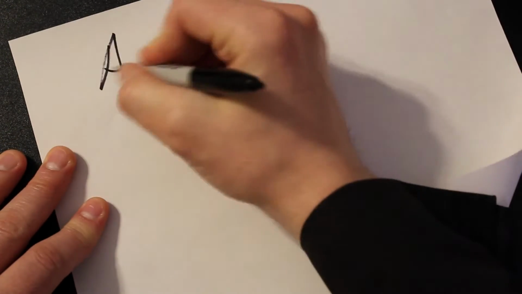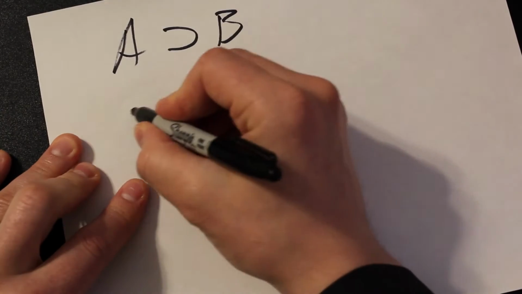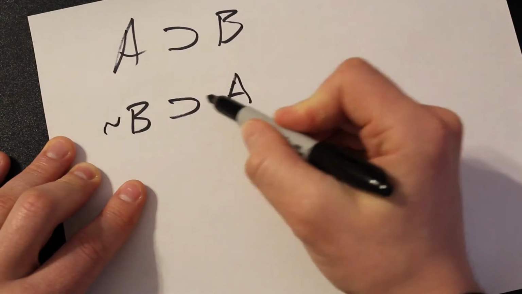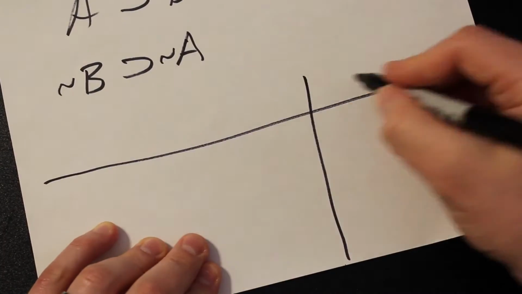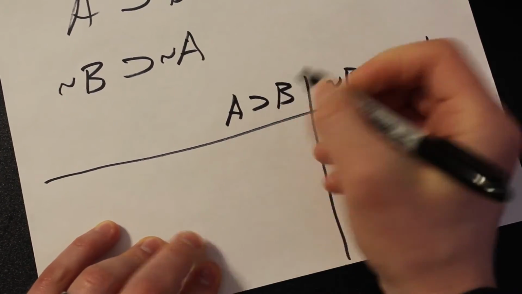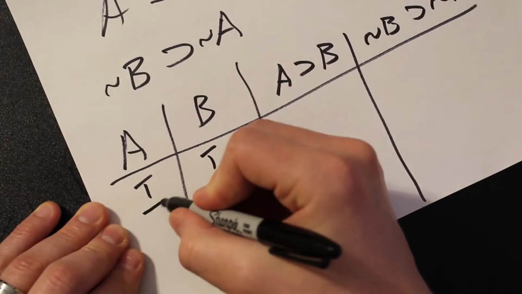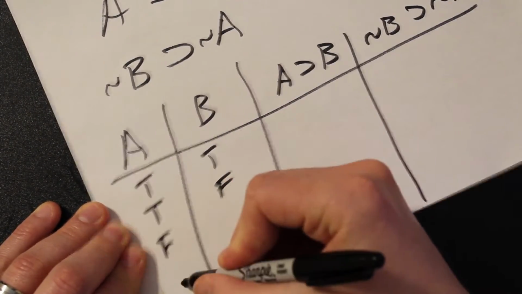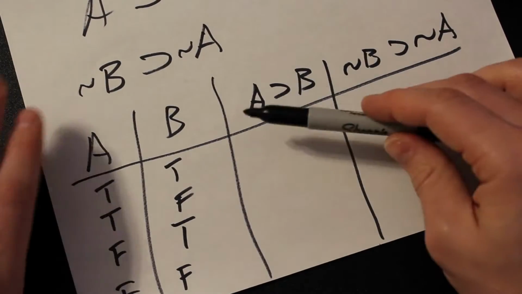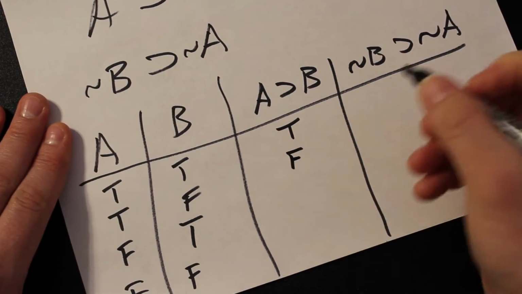Now we're going to compare A implies B by swapping them. I want to compare it with B implies A, but now I'm also going to negate both of them. We'll see what happens here. So I've got not B implies not A, and the regular A implies B. True, true, true, false, false, true. Here true implies true, that's true. True implies false is our only contradiction.